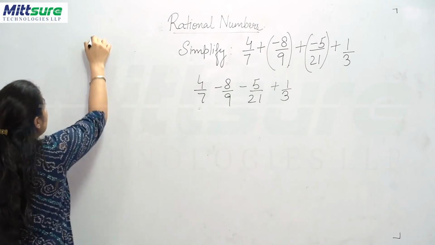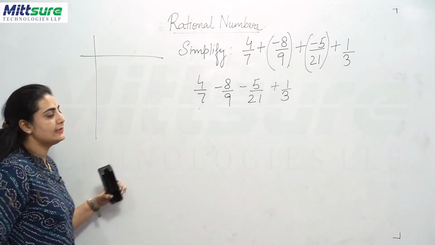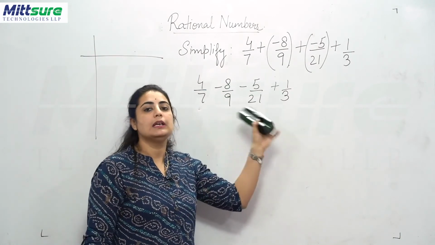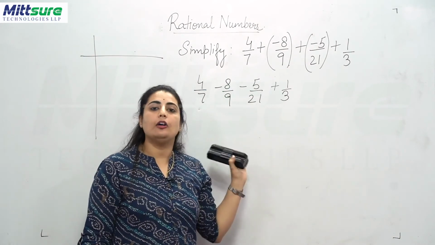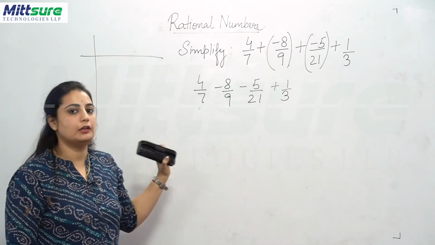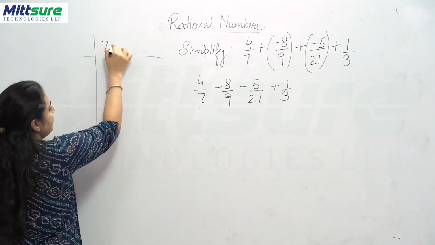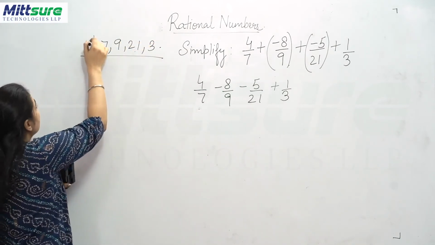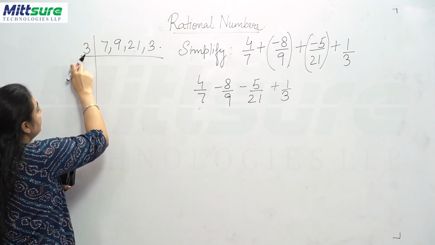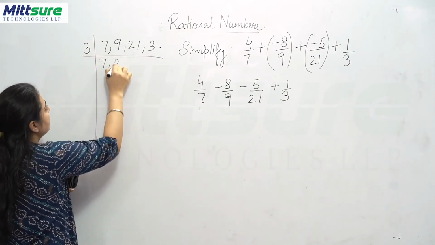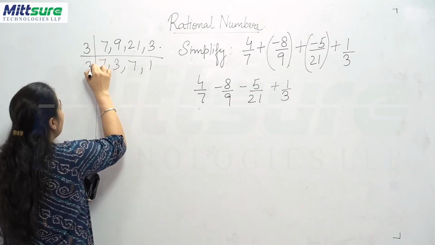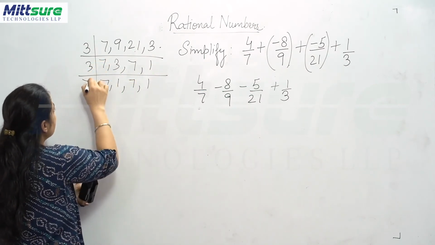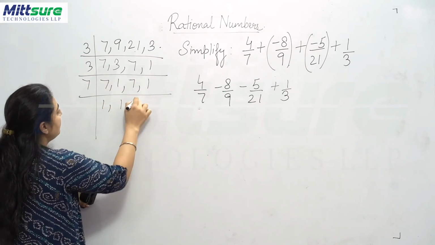Sometimes we get confused and the wrong LCM is found out. To avoid that, whenever you have more than two numbers, it is better to find out the LCM using the long division method. So 7, 9, 21, 3. When I divide them by 3: 7, 3, 7, 1; again 3: 7, 1, 7, 1; then 7: 1, 1, 1, 1.